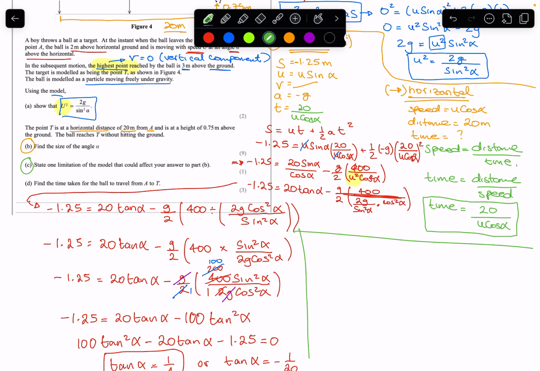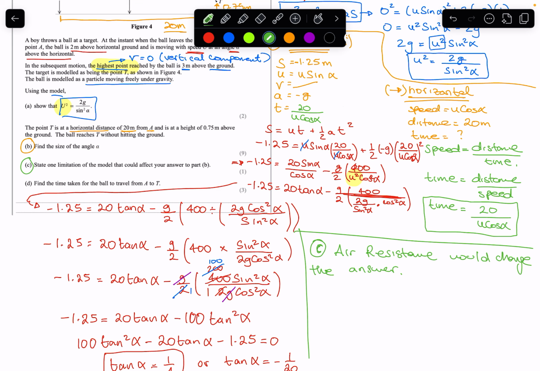So for part C, we can say that air resistance would change the answer. So that could be one of the things that can affect it here.